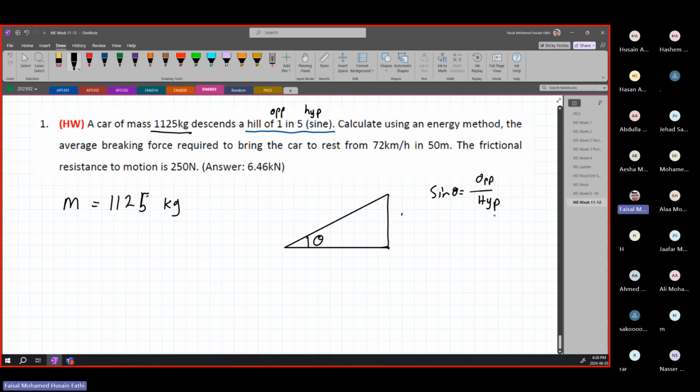In other words, this is going to be your 1, and this is going to be your 5. You can directly find it without even drawing, by saying theta is equal to the inverse sine of the opposite, which is 1, over the hypotenuse, which is 5. This is what is meant by a hill of 1 in 5 sine. When nothing is mentioned, it means the same concept but with tangent, which we saw earlier. But if it's mentioned sine, this is how you would find your angle, by doing the sine inverse of 1 over 5. All right.